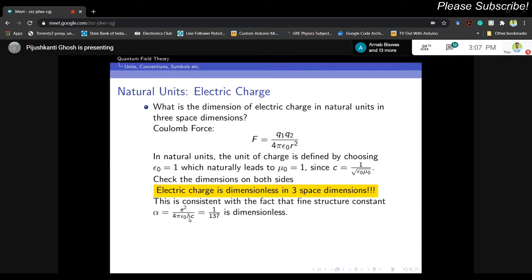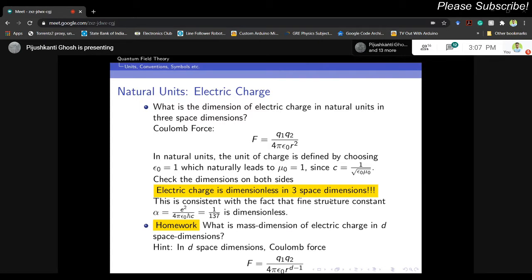In natural units, we have taken h bar equal to 1, epsilon equal to 1. Now we put the value of e, you will see automatically that the velocity of light is equal to 1, and then automatically the dimension of e is dimensionless. Okay, so this is an indirect way of seeing that in natural units electric charge in three space dimensions is dimensionless.